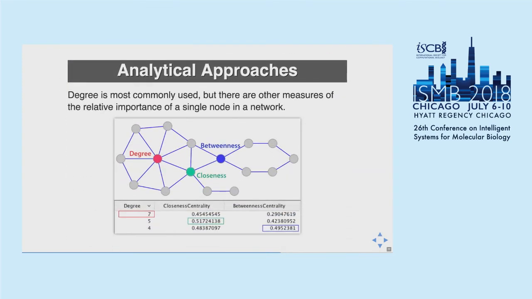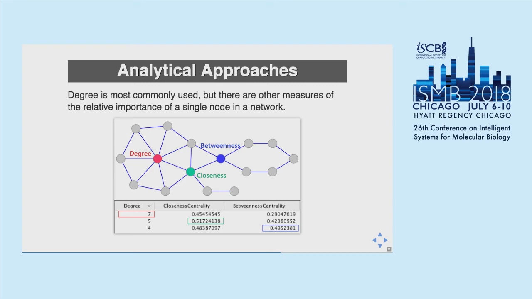The key one is degree. We use degree as a proxy for a hub. Degree is just the number of edges, the number of neighbors of a node. You can have in degree or out degree if they go in different directions.